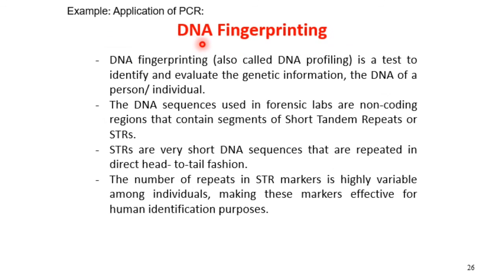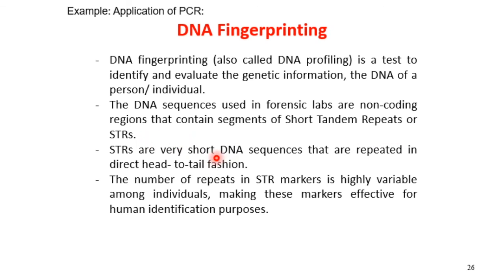Another important application of PCR is DNA fingerprinting, or they call it DNA profiling. This is used to identify or evaluate the genetic information or the DNA of an individual. Here it is used in the forensic lab, where a non-coding area which contains segments called short tandem repeats, or STRs, is examined.